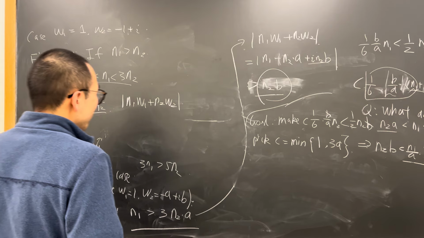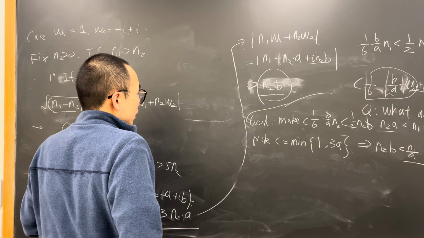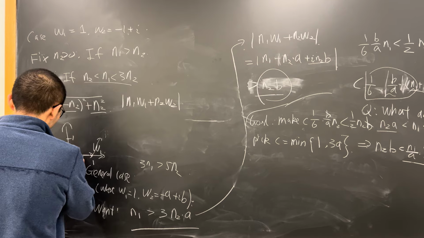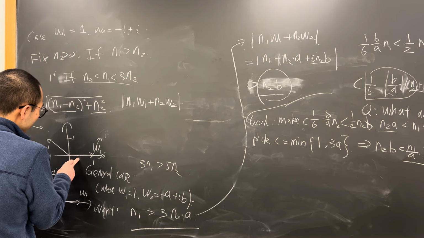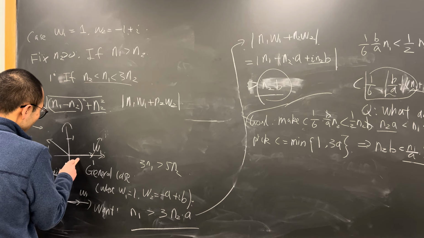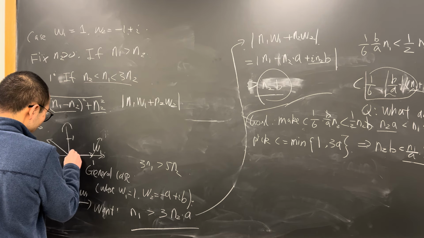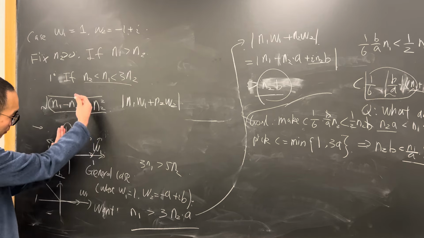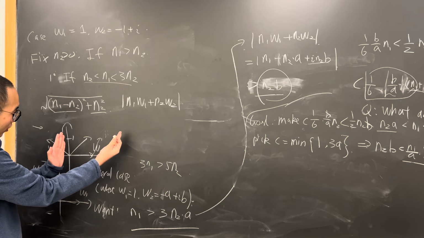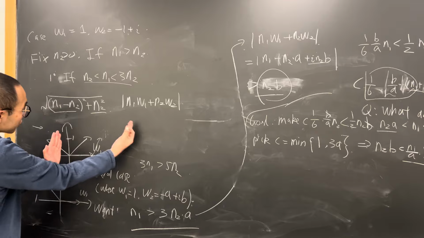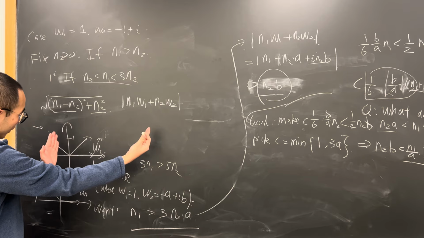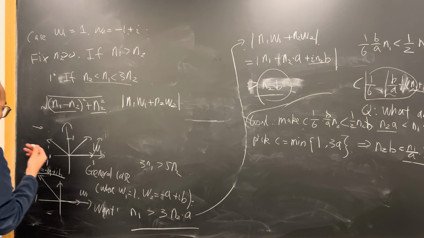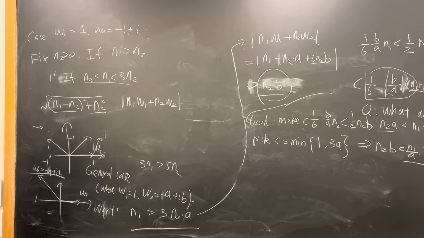Basically the idea is that we have a k, right? We have the k for when omega 1 and omega 2 both lie in the right half plane. And then we also have the case that we didn't discuss, where they are perpendicular.